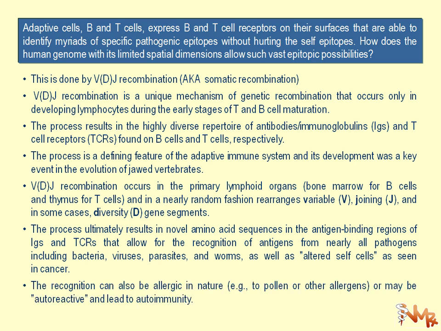The recognition can also be allergic in nature, for instance, a response to pollen or other allergens, or autoreactive, and this may lead to autoimmunity, as we're going to discuss down the road.